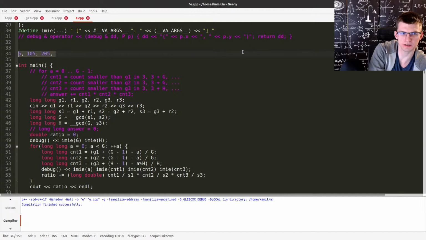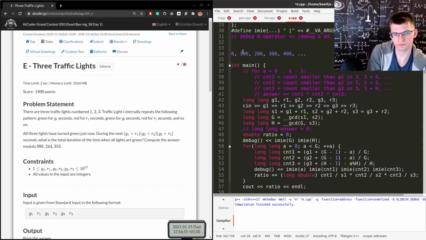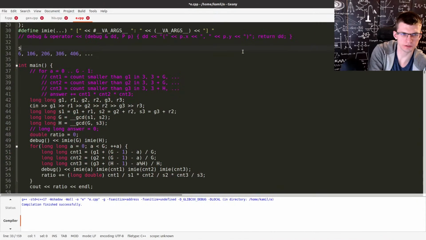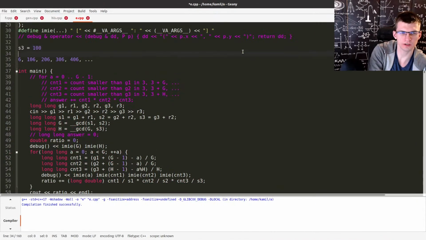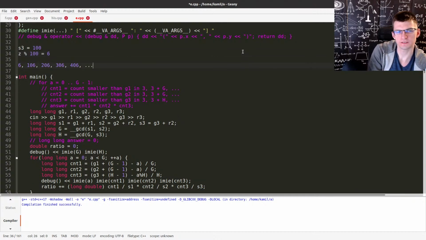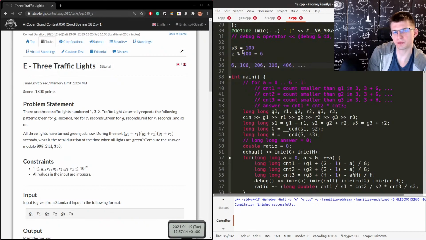Maybe 5 is a good example because it's a divisor of 100. This will do the job. Among these values, because S3 was 10, and we are considering cases where this is true. So among all of those, if you choose a random number out of these, what's the probability that we'll get proper remainder modulo S1 and S2?